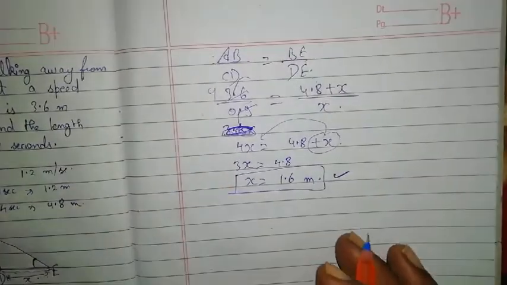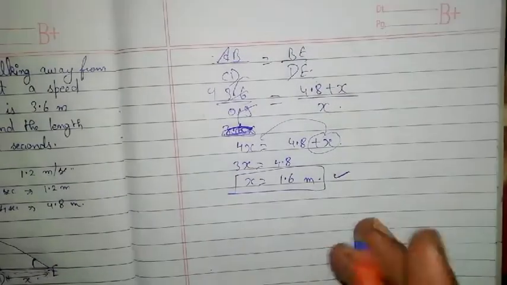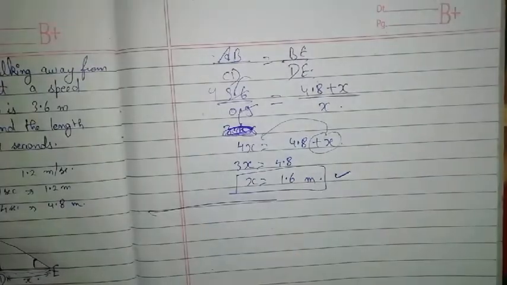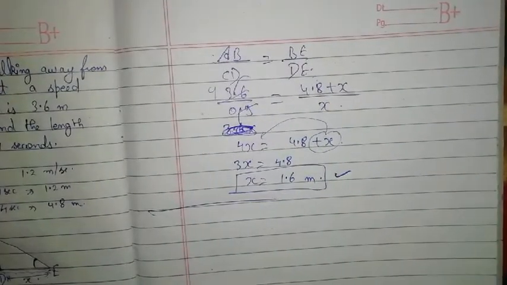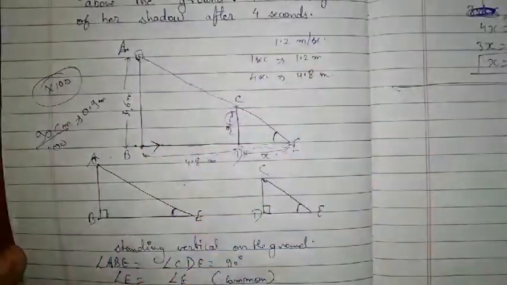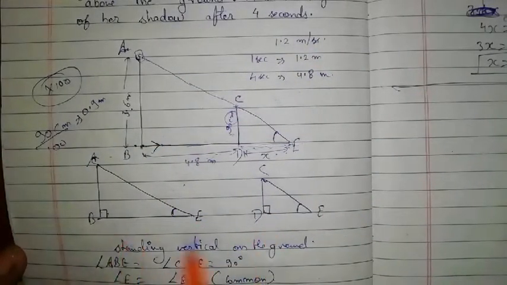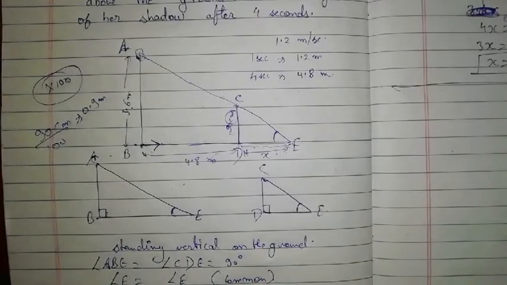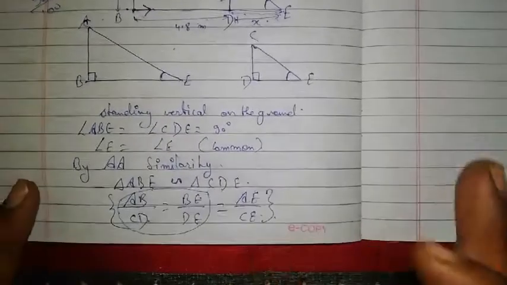This is the example number 7 of your NCERT. So in this way we have to apply the similarity criterions. Look what we have done. First we have to draw the figure. We have to observe that there are two triangles and whether they both are similar or not. After that we got the ratio.